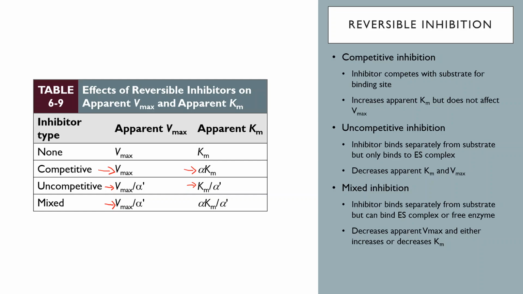I mean, if it's uncompetitive or mixed. Meanwhile, the Km can change with mixed inhibition, either up or down, depending on how well the inhibitor binds to the free enzyme versus the enzyme substrate complex. So if that alpha value is higher, Km will appear to go up. If the alpha prime value is larger, then Km will appear to go down.